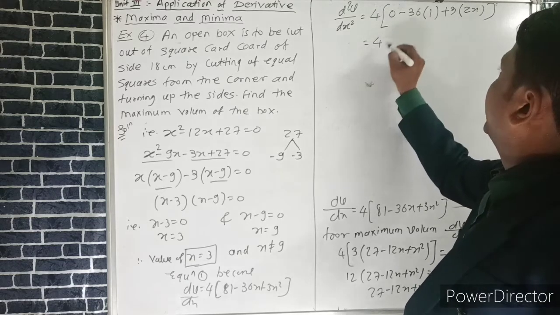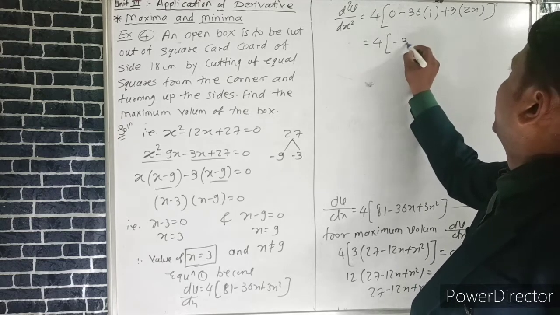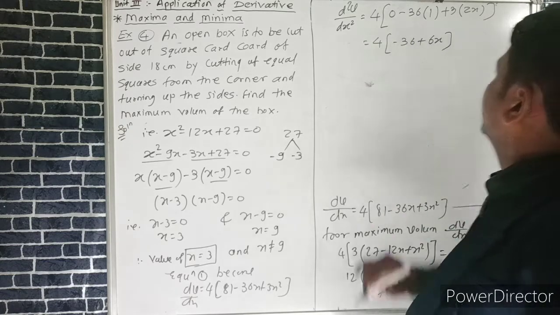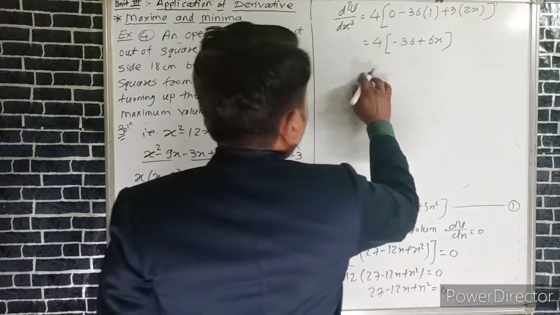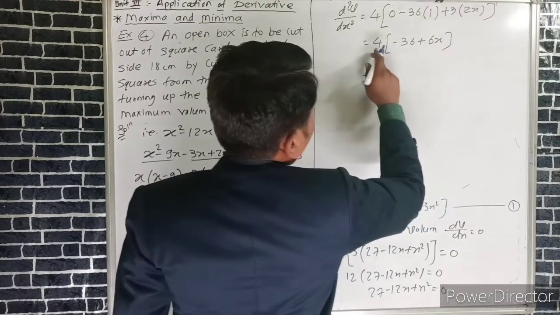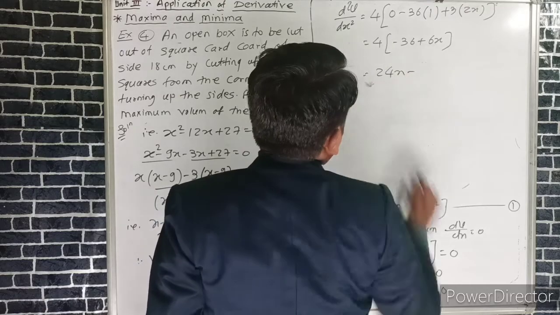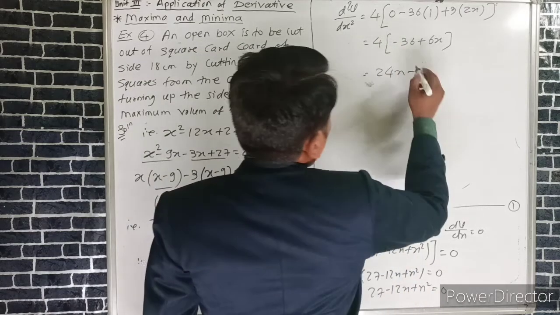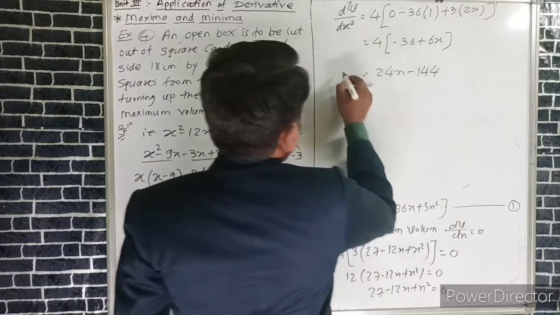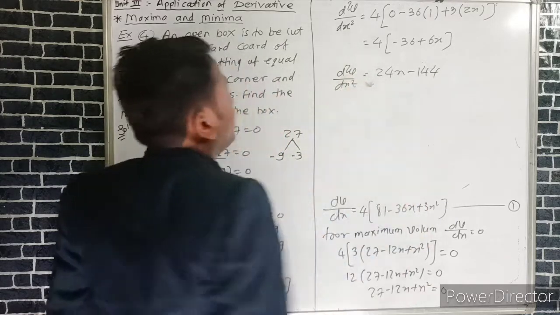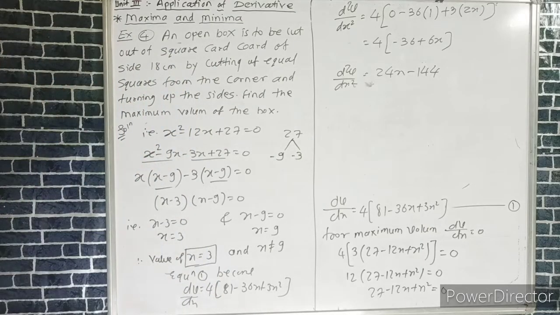So we can write 4 into (minus 36 plus 6x), so 4 into 6 is 24x minus 36 into 4, which is 144. That is, d2V upon dx square is equal to 24x minus 144.